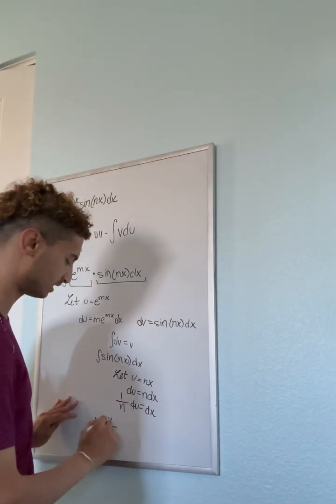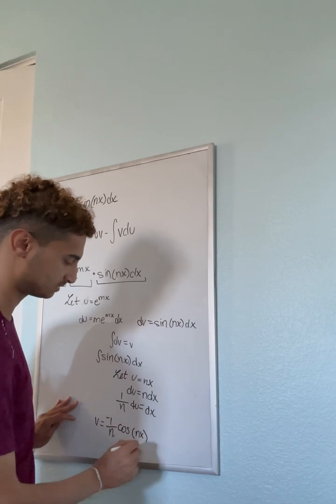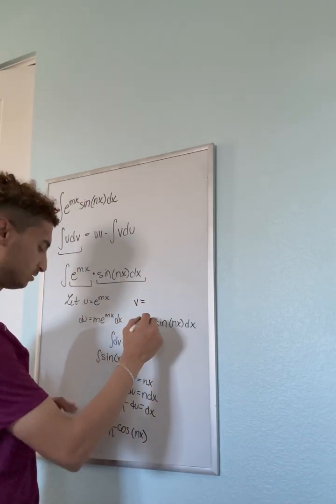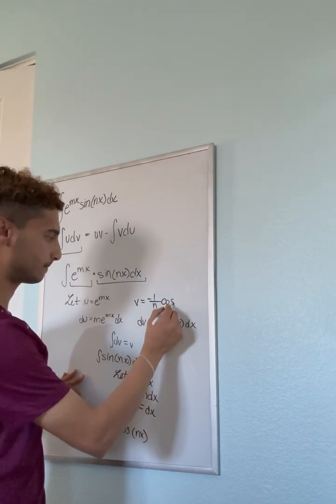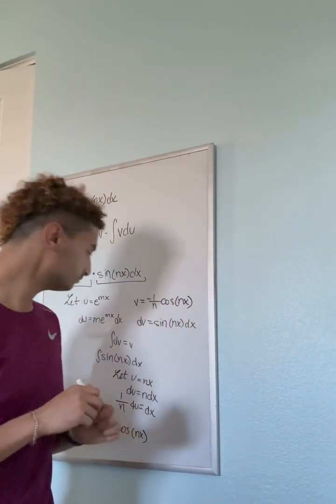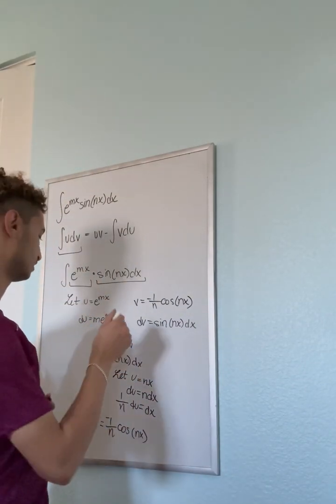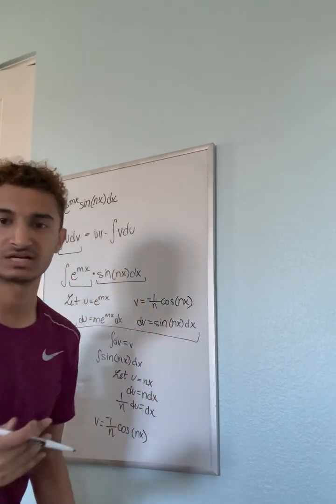So I'm just going to put that negative on the outside and the nx here. I'm going to put this up here with the rest of our stuff. Okay, now these are our four tools that we're going to be applying using the integration by parts.